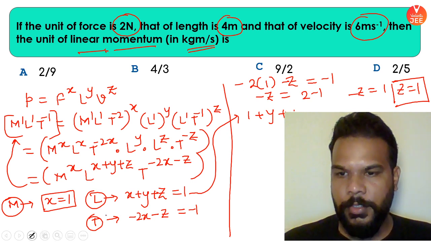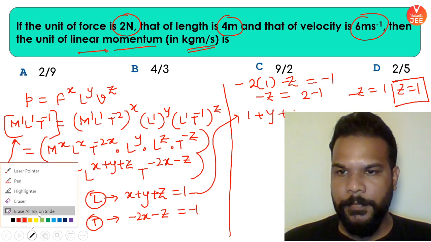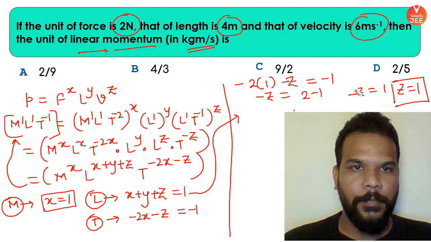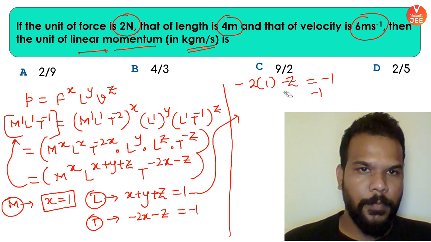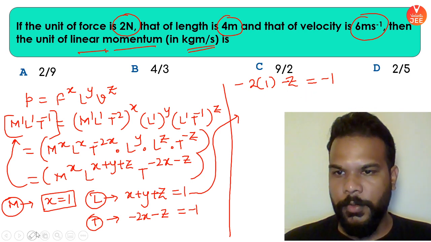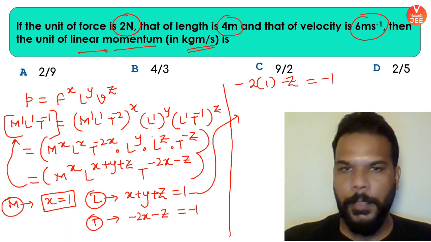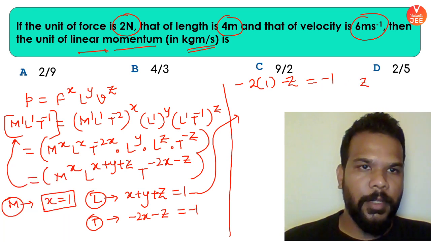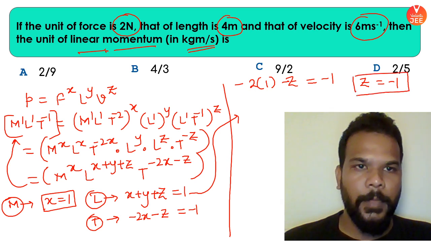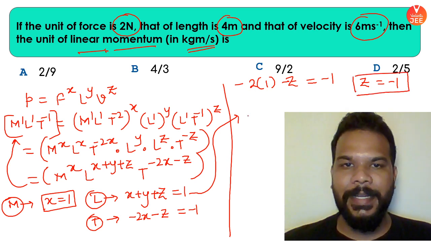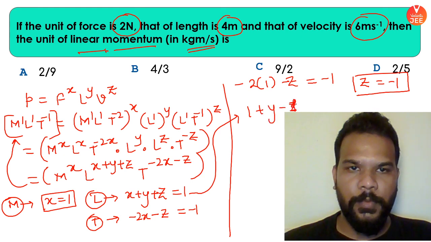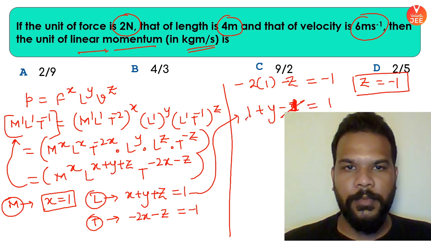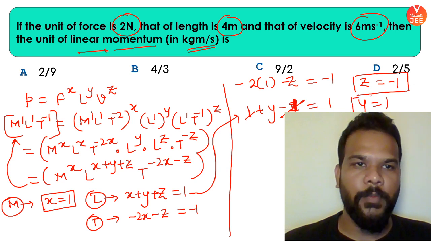Let me write that properly for you guys. From here we got the value of z as minus 1, and now we are putting the value of x and z here. X value is 1, y is unknown, and z value is minus 1, and this is going to be equal to 1. So minus 1 plus 1 cancels, so y also comes out to be 1.